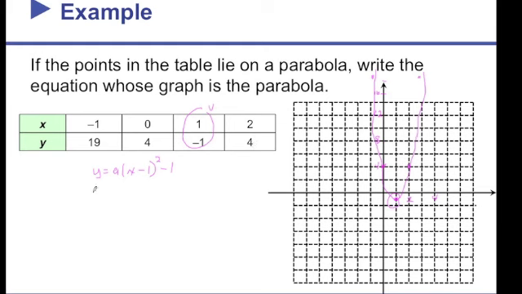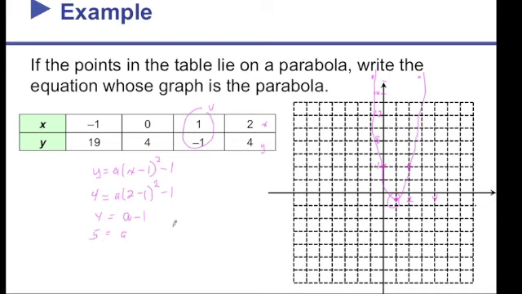So this is y, and this is x. 4 equals a times (2 minus 1) squared, minus 1. 2 minus 1 is 1 squared, so I'll have a minus 1 equals 4, and a equals 5.